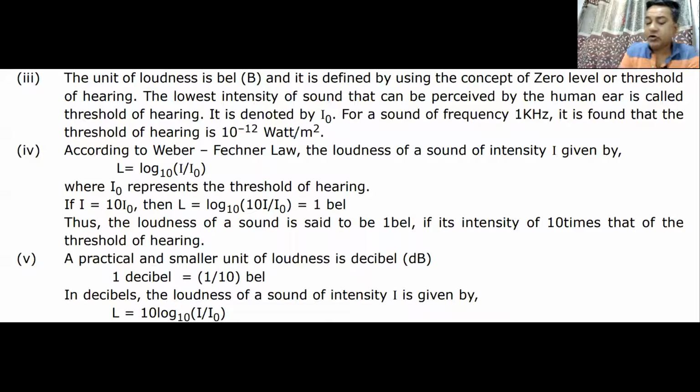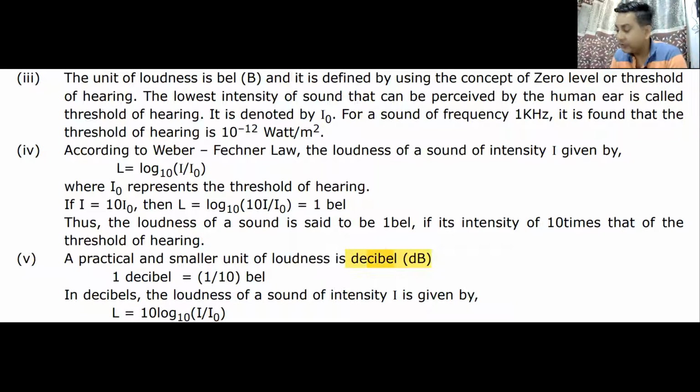Well, we have seen what we understand by loudness. We must also understand the SI unit of loudness. And I'm sure you have heard about this unit. It is known as bel or decibel. You must have heard about decibel. Yes or no?